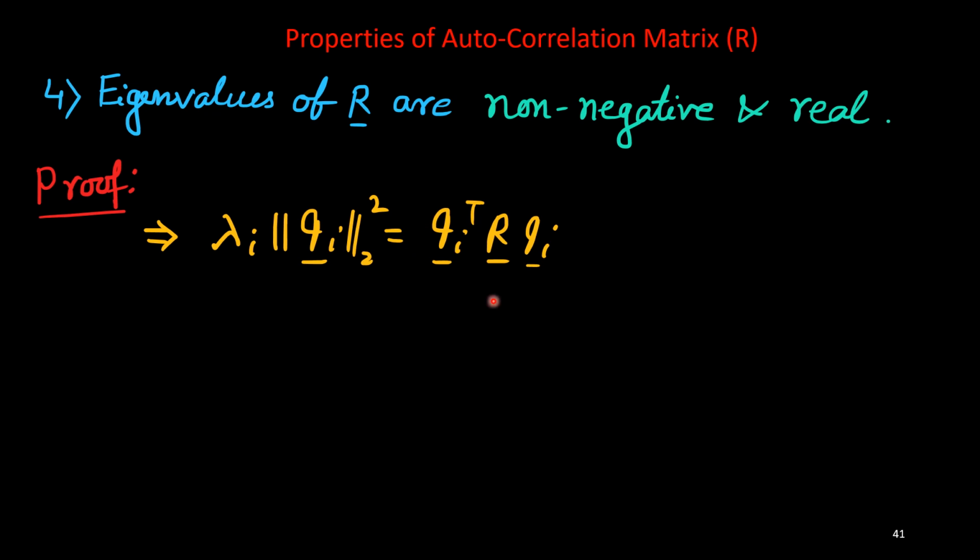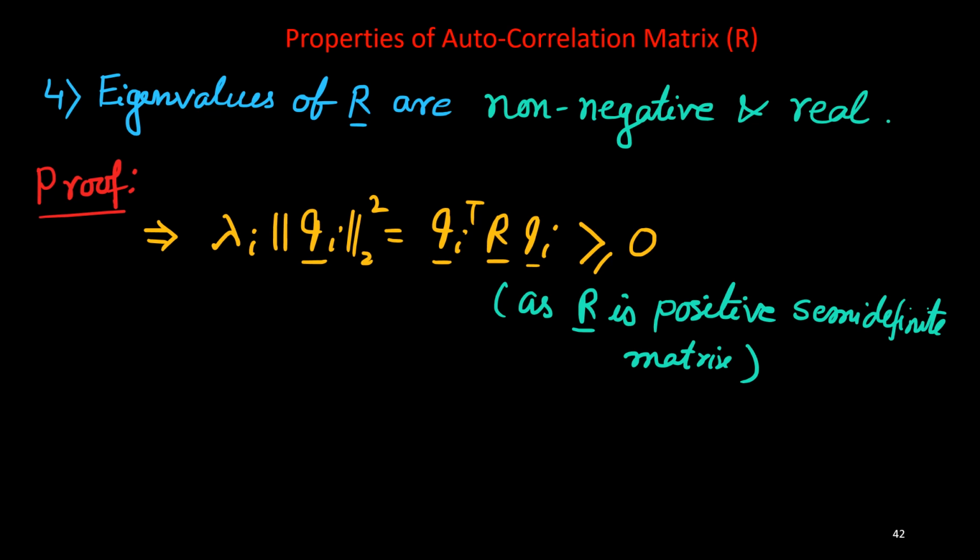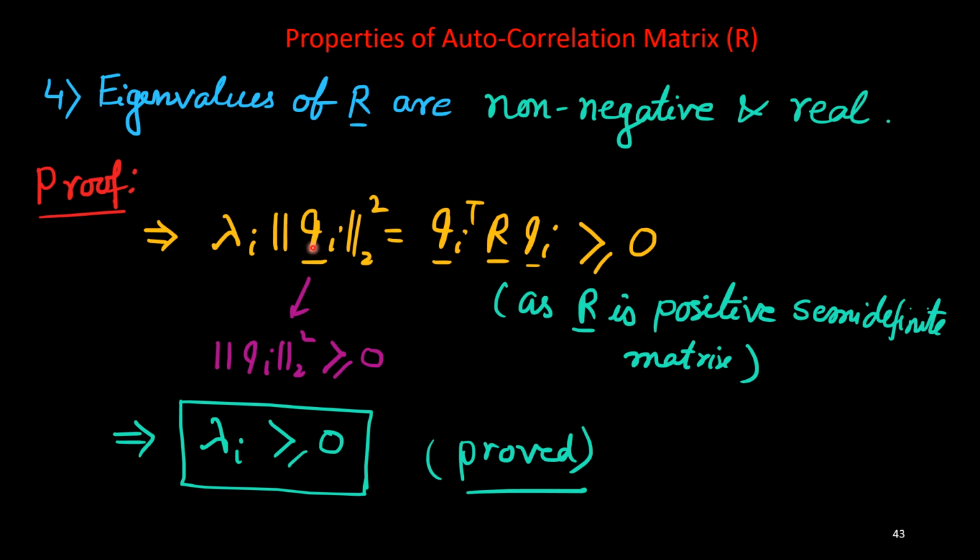And we understand that this is always positive or equal to 0, as R is a positive semi-definite matrix by property number 3. The norm square is also always positive or equal to 0.